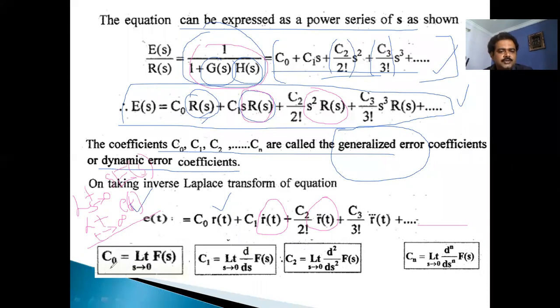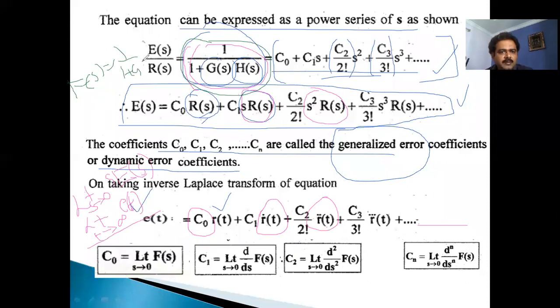Simply, I have expressed this, so for comparing these two, you will get C naught is equal to limit s tends to 0, F of s, where F of s is this function. Okay, this is the expression for F of s. F of s multiplied with R of s is equal to 1 by 1 plus G of s.